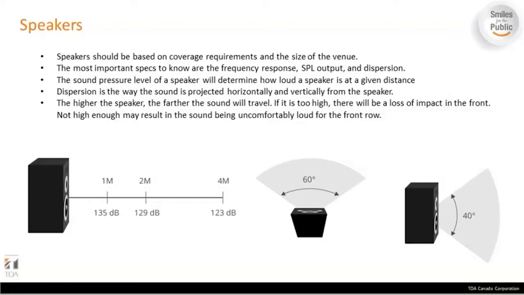Also, the sound pressure level of a speaker will determine how loud a speaker is at a given distance. That's what I mentioned, 135 dB per meter or 129 dB per 2 meters. That's the example we have in place. Dispersion, like I described, is the way the sound is projected horizontally or vertically from the speakers. The higher the speaker, the farther the sound will travel.